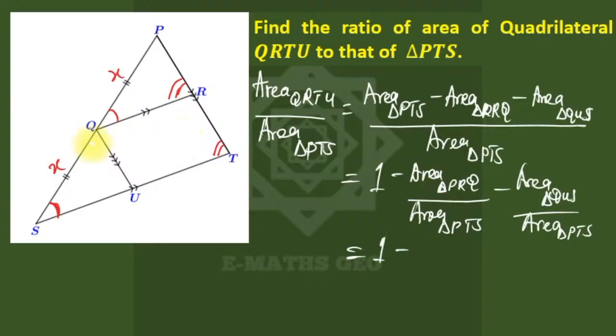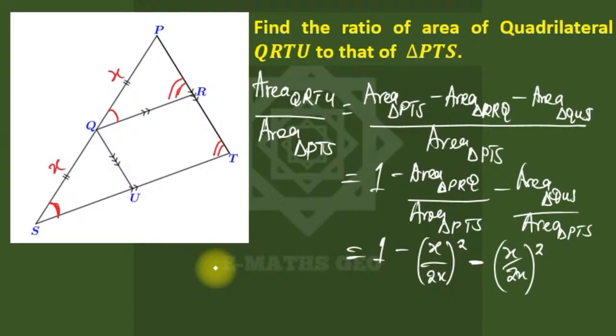This small triangle PRQ corresponds to the big one, so the ratio of the areas is the same as the ratio of the squares of the corresponding sides, x squared over 2x all squared. Also, this one is still similar to the big one, which is x over 2x all squared.